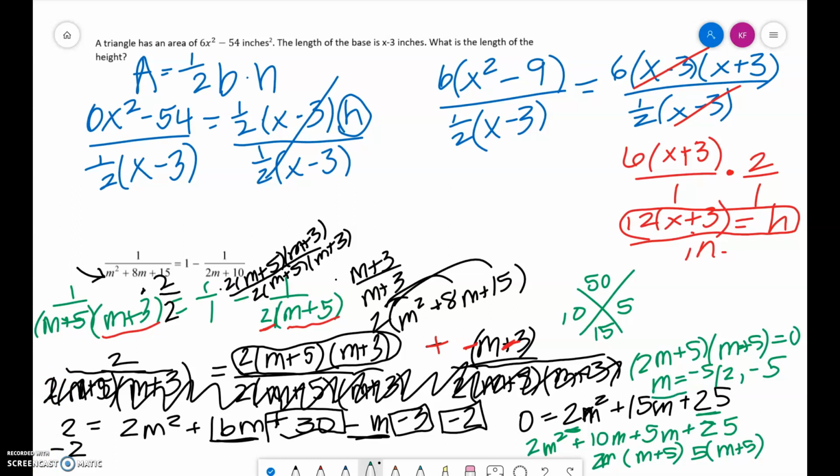Our final step of this problem is to sub in both of these values in where there were m's in the original problem and make sure that they do not give us 0 in the denominator, because that is undefined, and so that would have to be an excluded value. So if we sub in negative 5 halves to the m squared, you need to type that into a calculator.